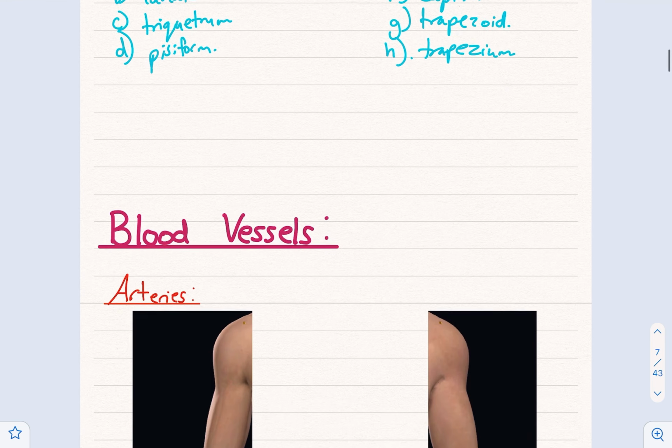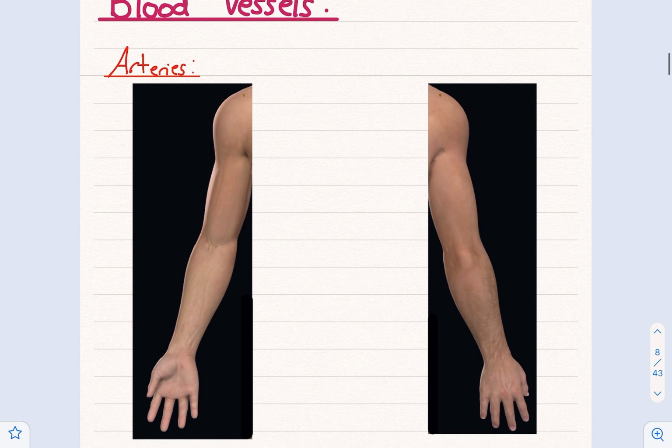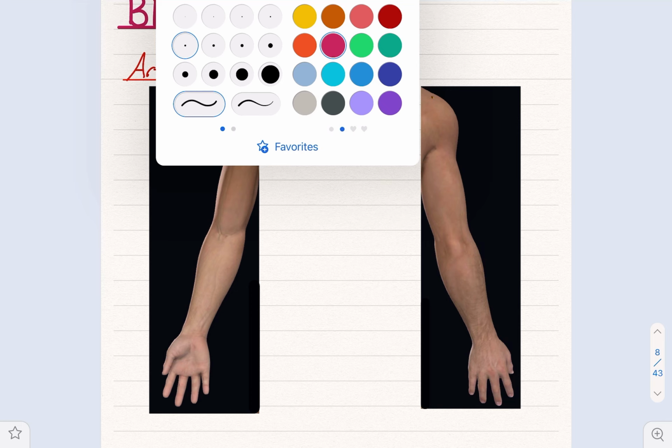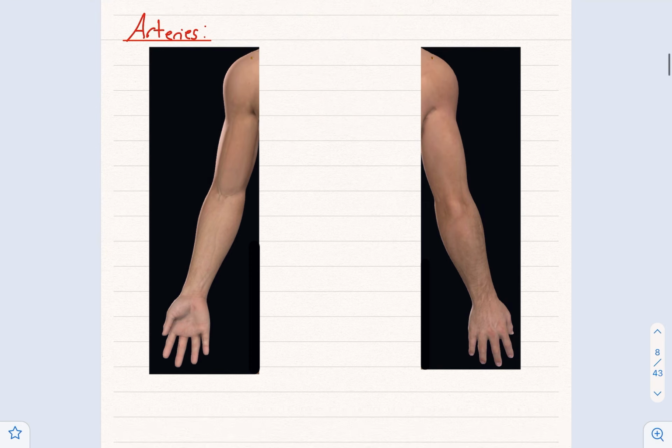Okay. So we will now go on to blood vessels of the upper limb. Makes sense to do it in red, seeing as we're starting on arteries. Where does blood originate from? The heart, right?